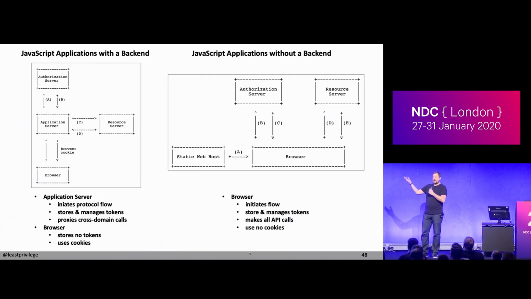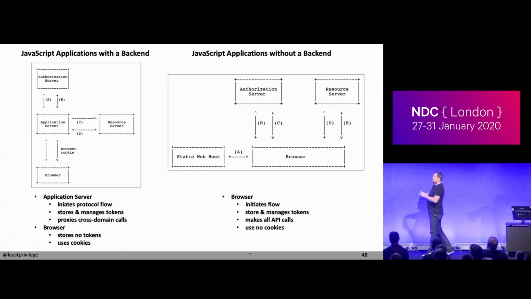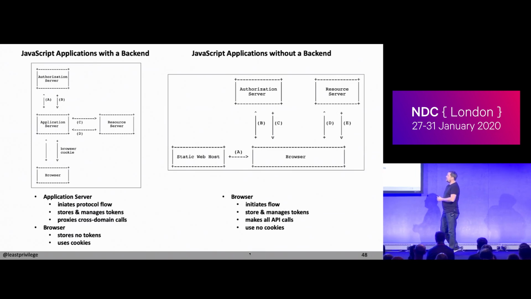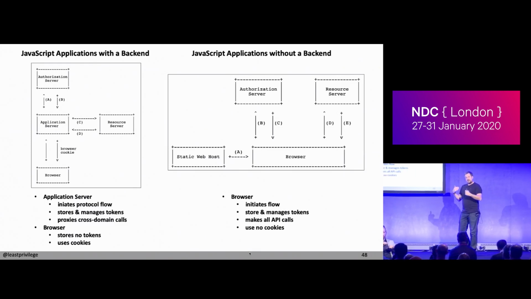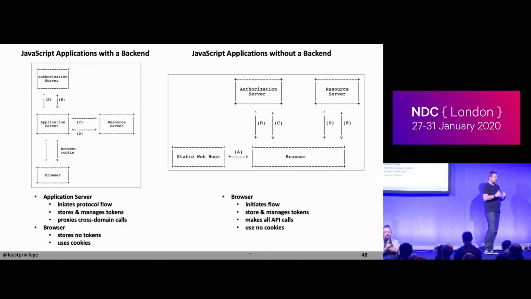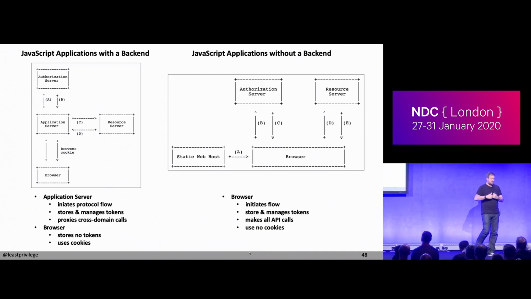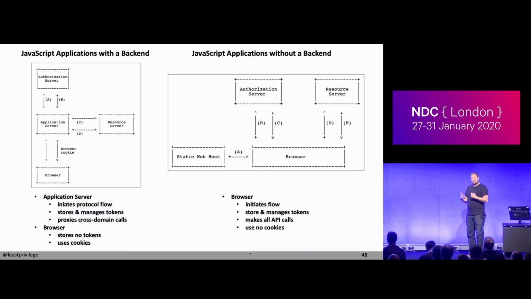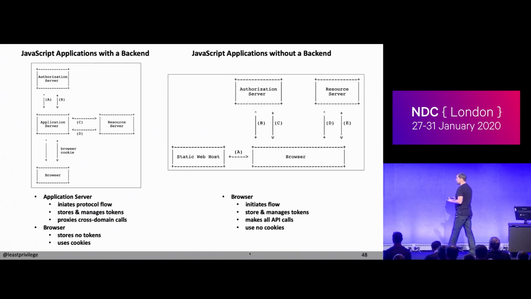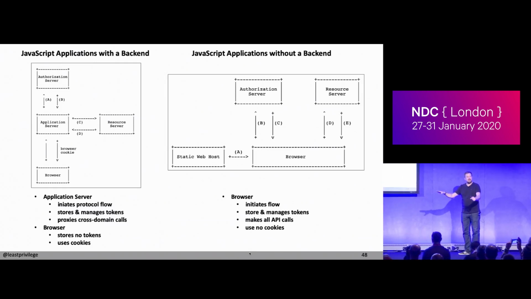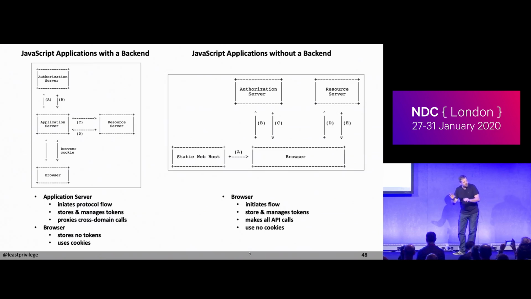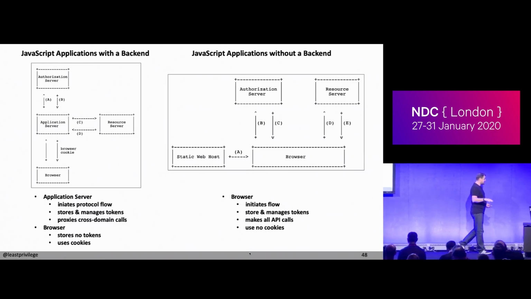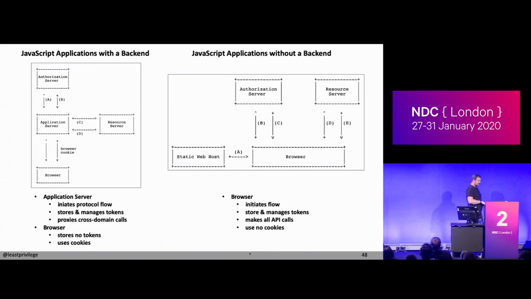If you are running on the server, you might have a better feeling because the tokens are away from the browser, away from your cross-site scripting attacks, but you're pretty much limited by what cookies can do, and if you're starting to do a lot of cross-site API calls, the cookie won't help you, yeah? But if you're storing them in the browser, you have to be very careful with cross-site scripting, but it's more flexible, right? So there are different threat models, I guess. And there's no one-size-fits-all answer here. I'm a consultant, I would say it depends, right?